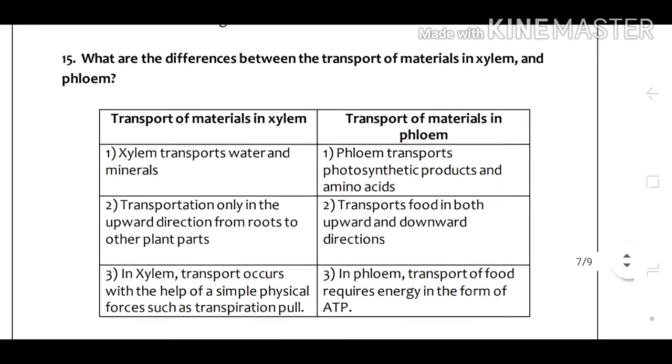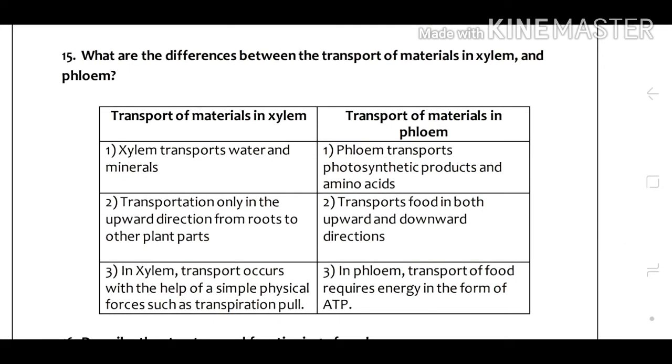Question number 15. What is the difference between the transport of materials in xylem and phloem? Xylem transports water and minerals.